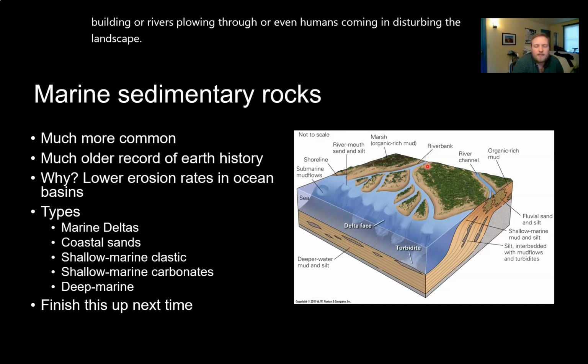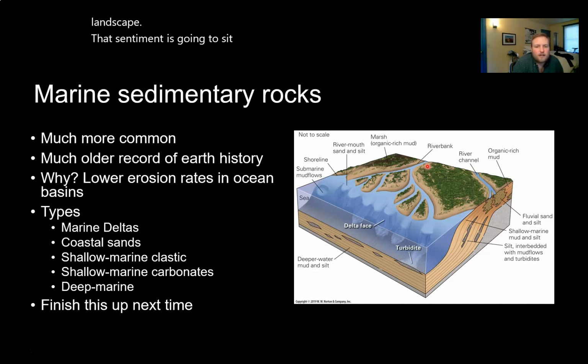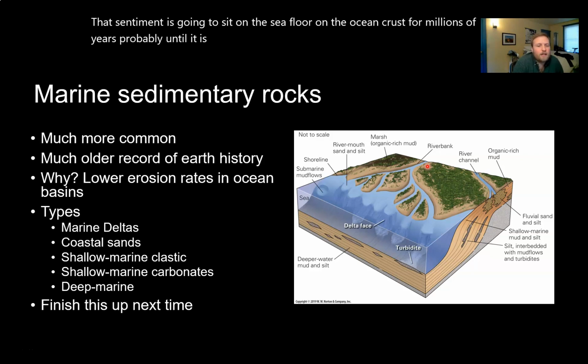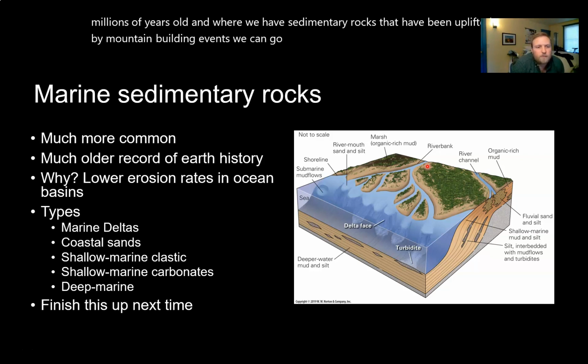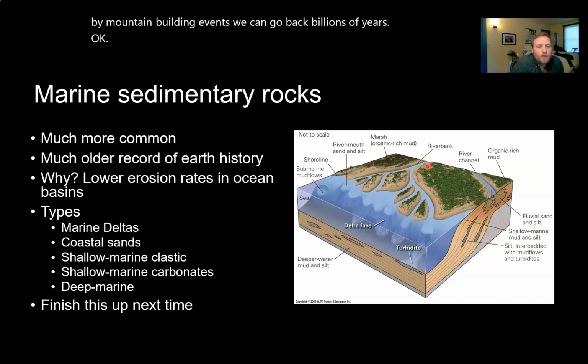That sediment is going to sit on the seafloor, on the ocean crust, for millions of years, probably until it is subducted back into a trench. So it can be hundreds of millions of years old. And where we have sedimentary rocks that have been uplifted by mountain building events, we can go back billions of years. Okay? And we'll talk about the different types of marine sedimentary rocks in the next lecture.